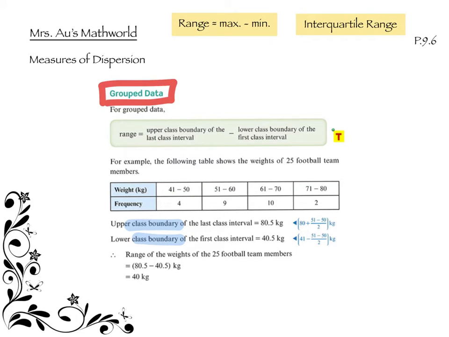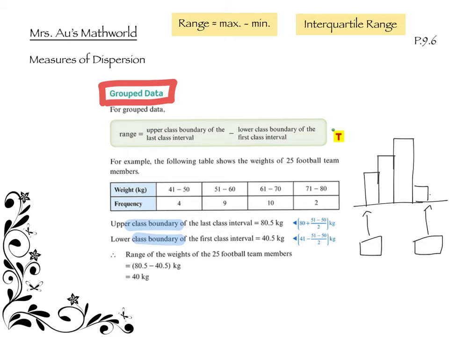Class boundary means the value we use to plot the graph. Do you still remember this kind of thing we have learned before? This is a bit not in proportion, but it doesn't matter. So, the range is defined as the upper class boundary of the last interval, minus the lower class boundary of the first.